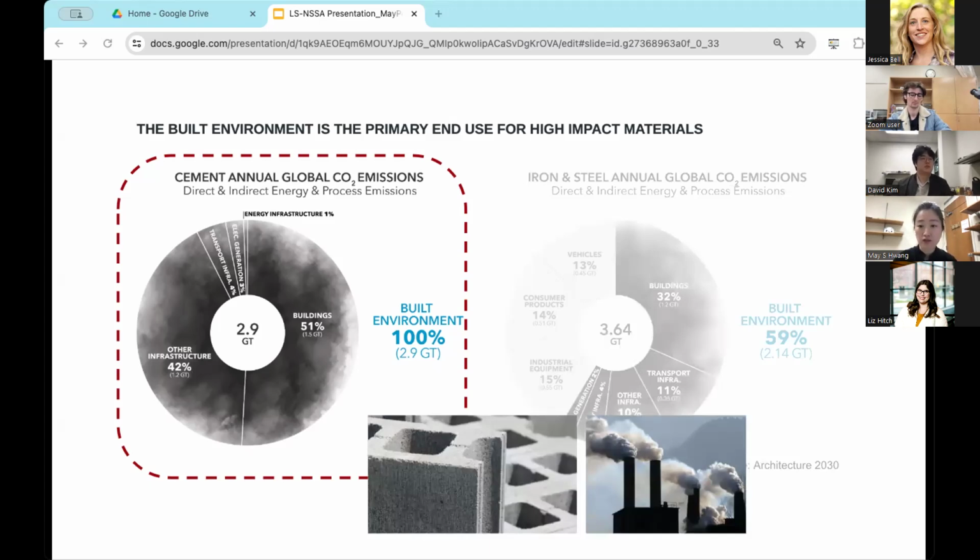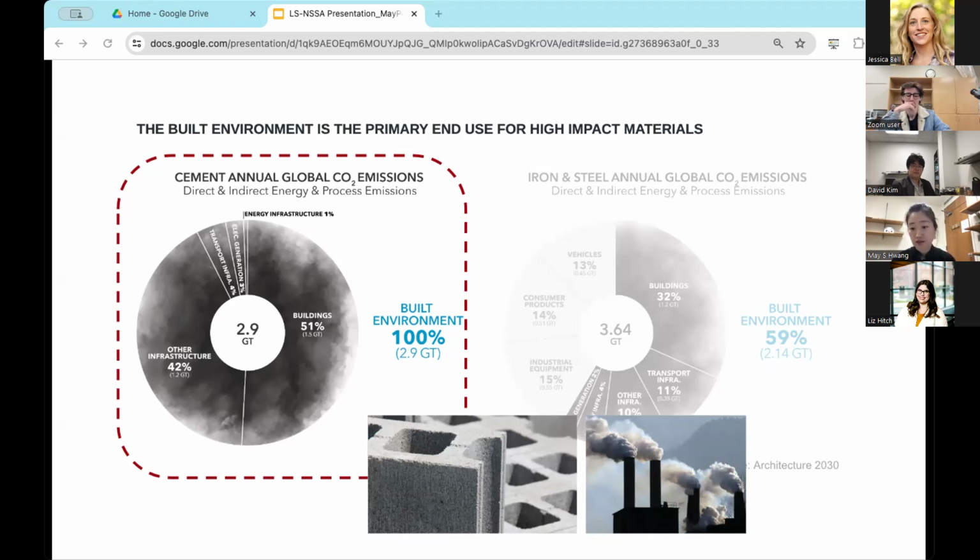And to provide a bit of background on cement, cement is an important component of concrete. And concrete is a composite material that is the second most used substance in the world after water. So you can start to imagine its magnitude. And it is the most widely used building material. In fact, concrete uses twice that of steel, wood, plastic, and aluminum all combined.